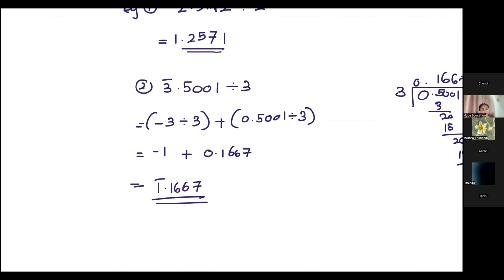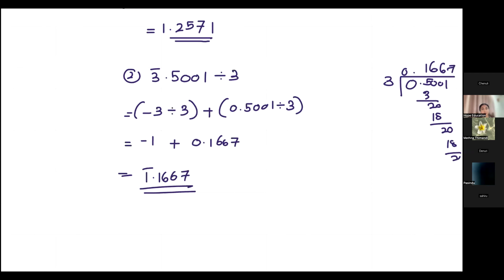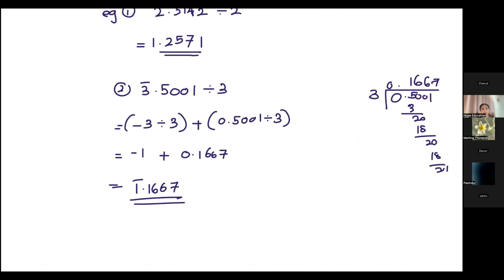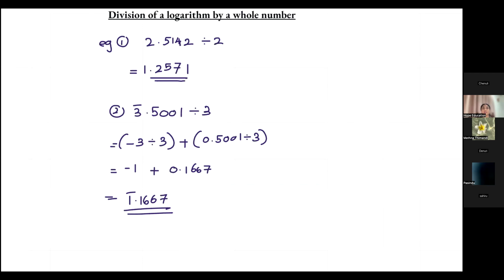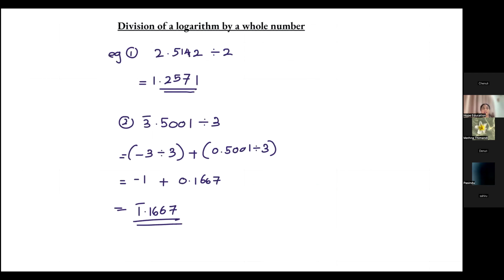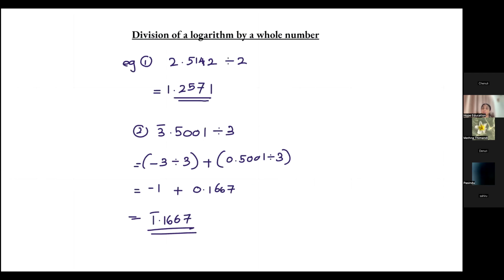Is this clear? Others? Then we are going for some complex examples. But first write this. I will give you 3 minutes to write these 2 examples. Make it fast. Quickly.